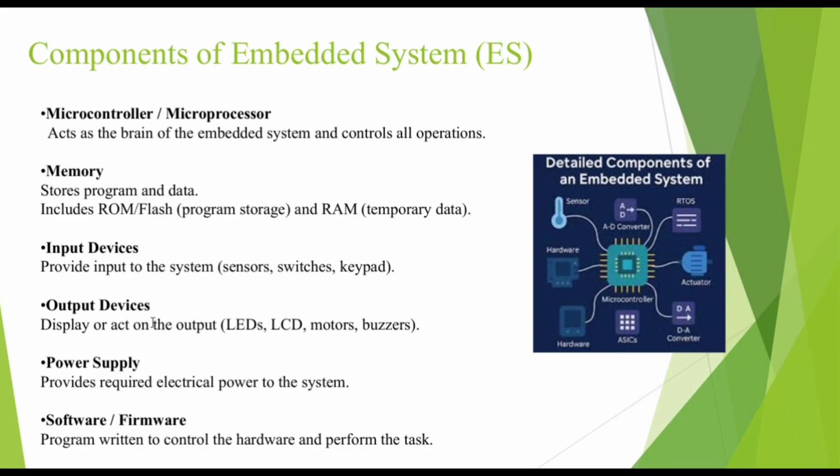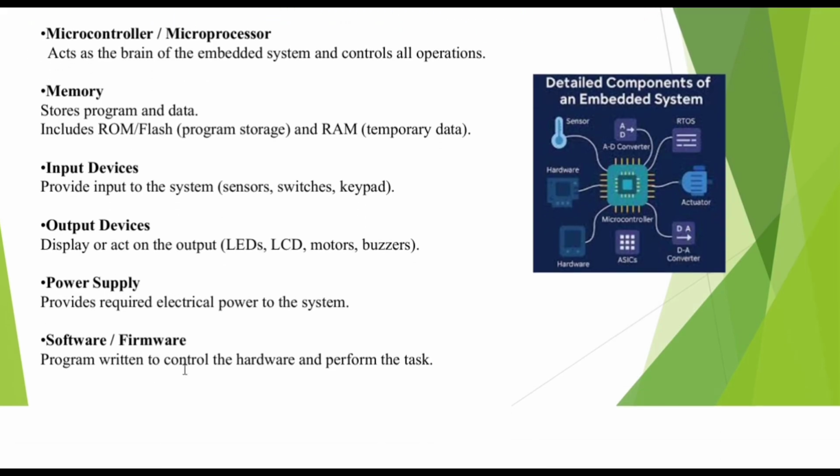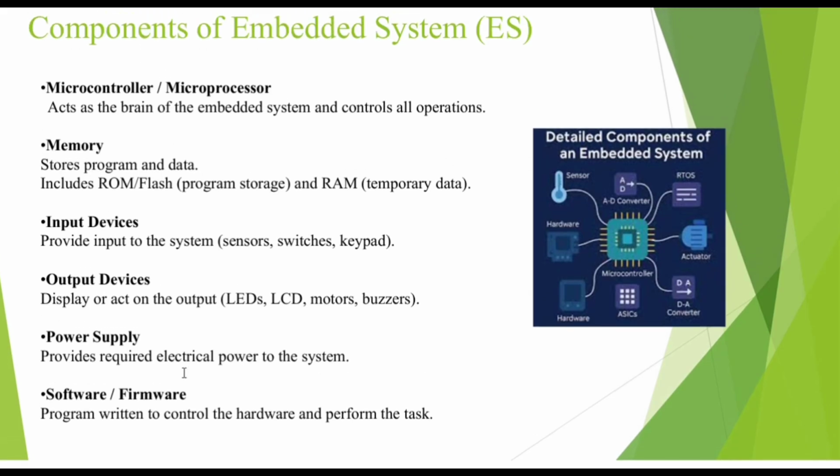Then output devices, for example LEDs, LCDs and so on, which display or act on the output. Then the power supply provides the regulated voltage, often a constraint in battery powered devices. Then the software, firmware, is the embedded code that controls the hardware behavior. So that's all about the components of embedded systems.